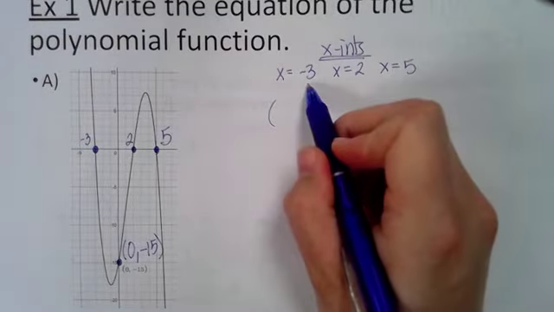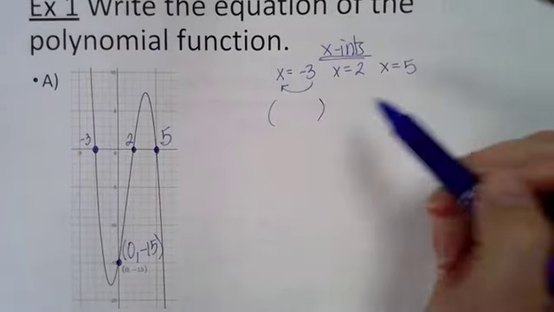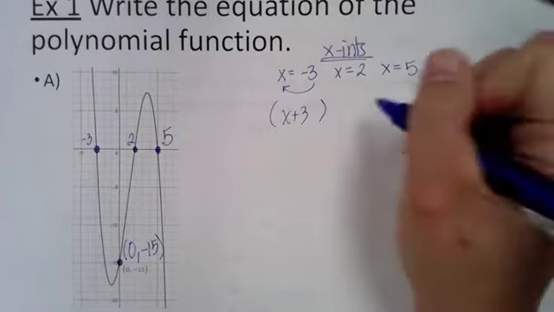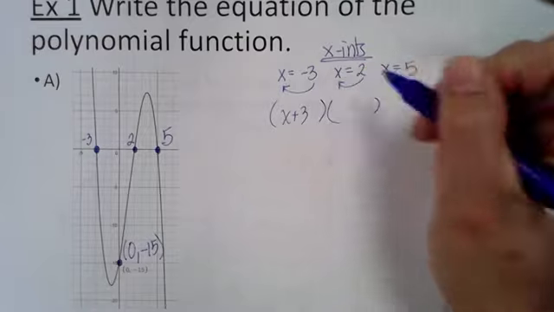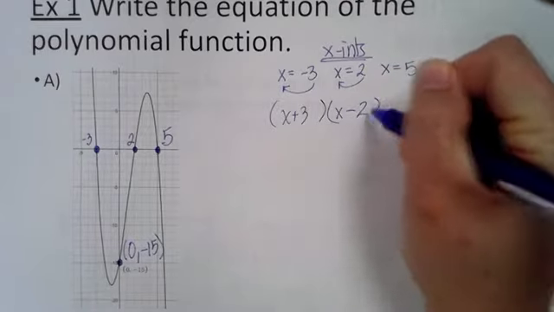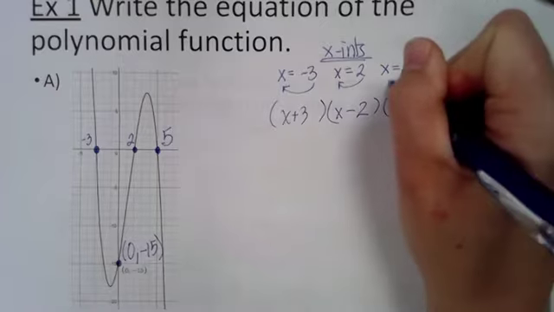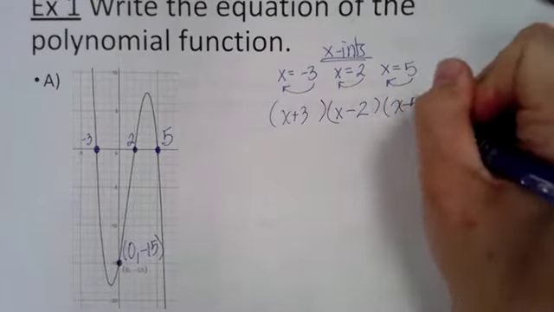How do I convert this back to a bubble? Yeah, you just slide that 3 back on the same side. You got to change the sign. x plus 3. x equals 2 in bubble form is what? x minus 2. Change the sign. x equals 5 in bubble form is x minus 5.